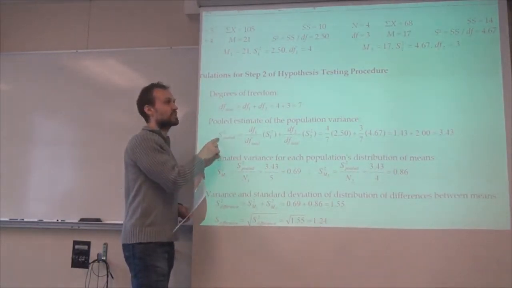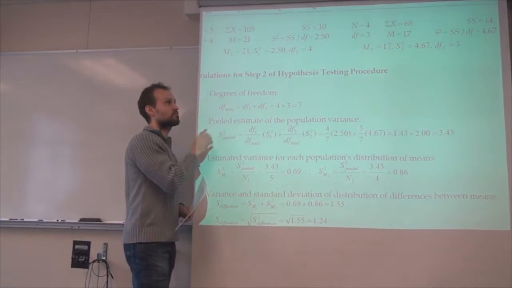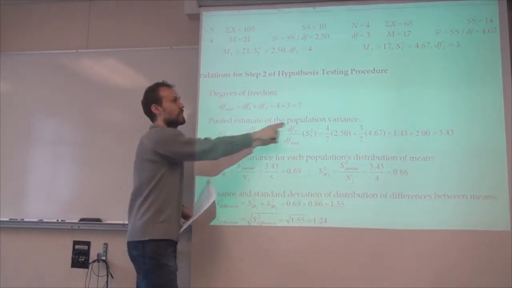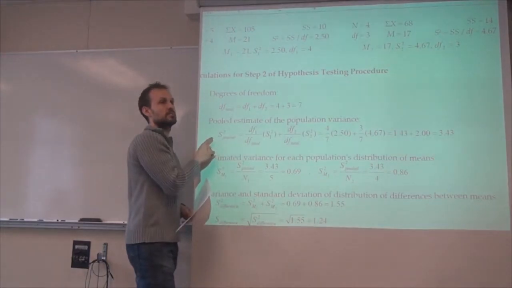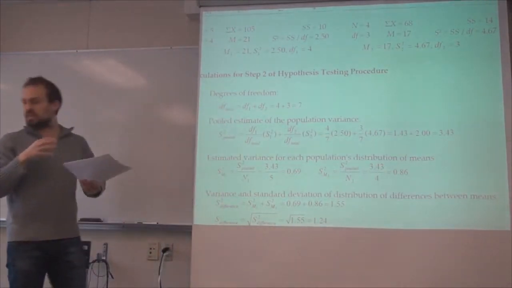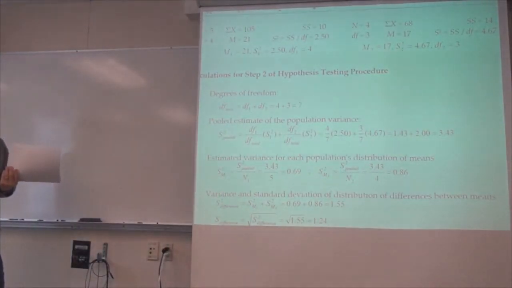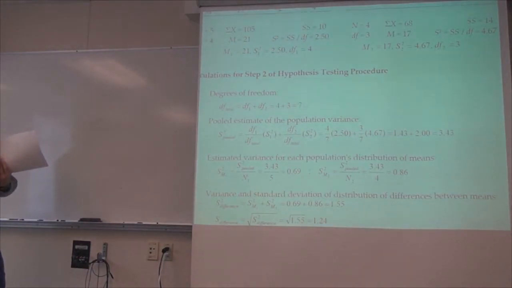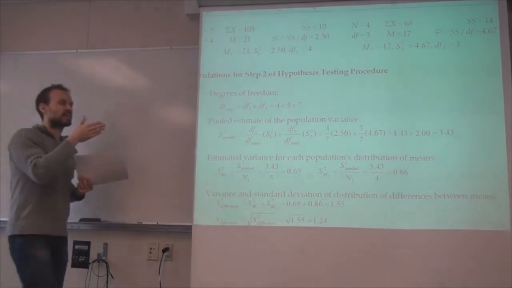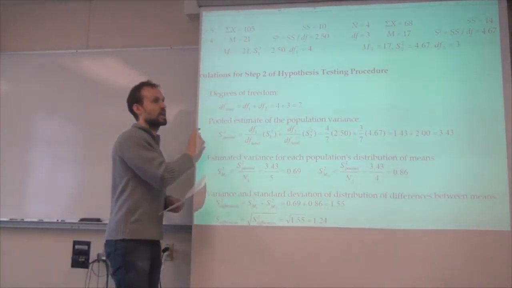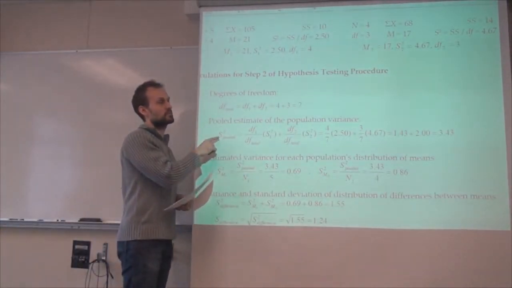We're trying to get as accurate an estimation of the population variance as possible. Both samples are giving me some information. I want to incorporate them both, but in a way that points as accurately as possible to the actual population variance.